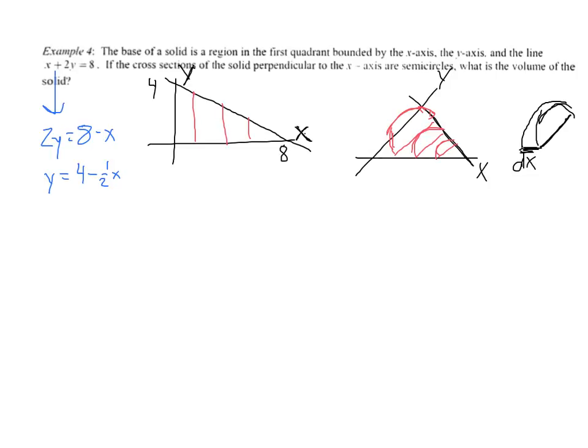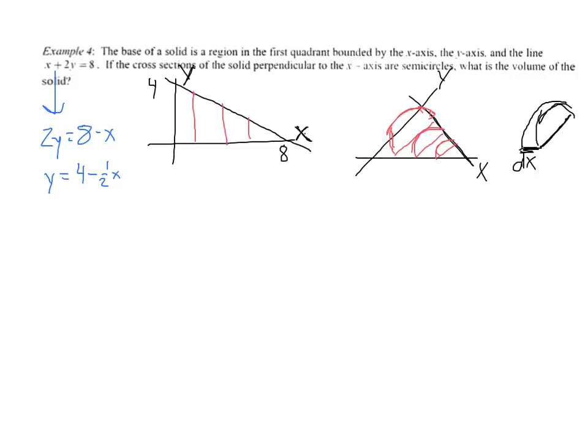But what I have for this red line here is related to this, and I need to know the radius of this semicircle. That's going to be half of this. So I need to know half of this, which would be half of whatever this y value is, right? Because whatever x value I pick here, I'm going to find the corresponding y value. That's going to be the entire base. I want half of this.